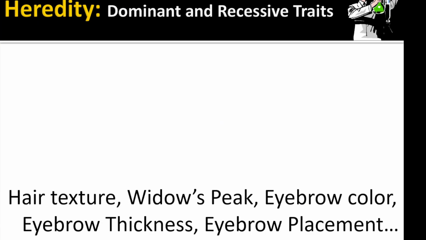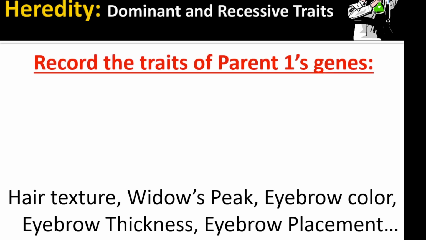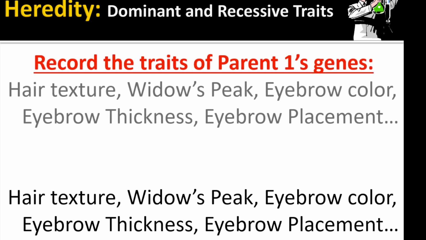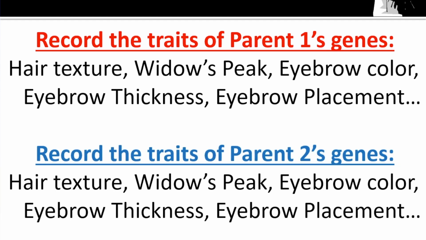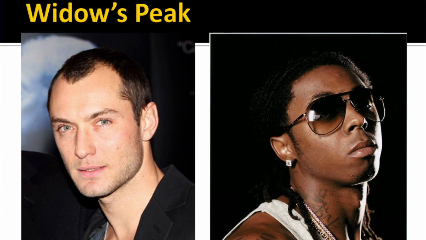Hair texture, widow's peak, eyebrow color, eyebrow thickness, eyebrow placement. Hair texture, curly is a dominant gene. Wavy is in the middle, it's like a carrier, and then straight is actually a recessive trait. Widow's peak, if you have a widow's peak, that's dominant versus no widow's peak is recessive.